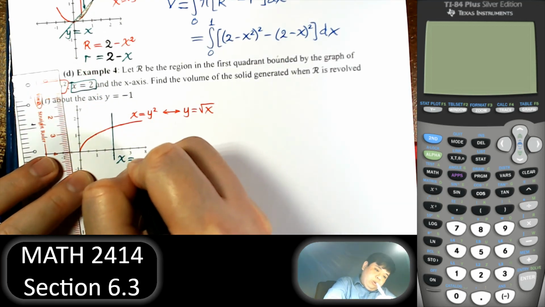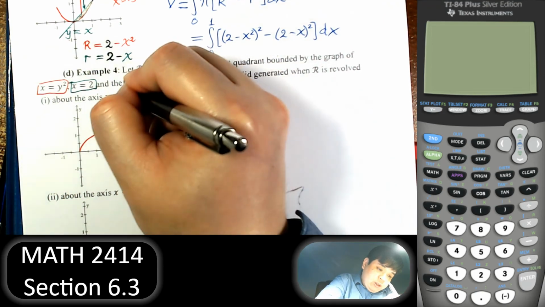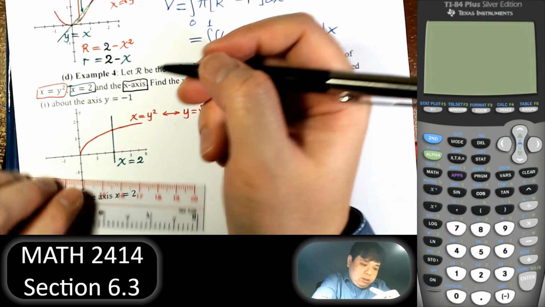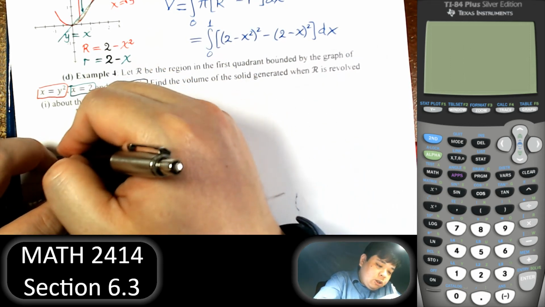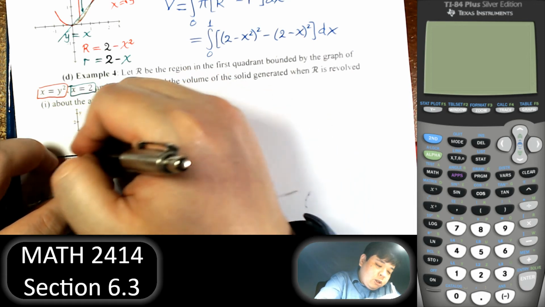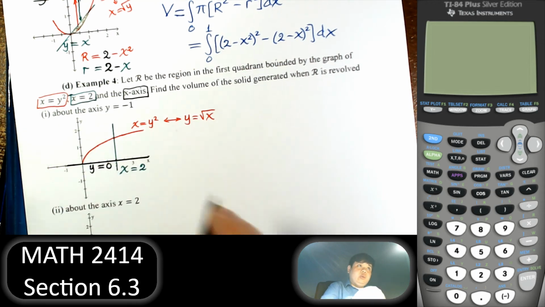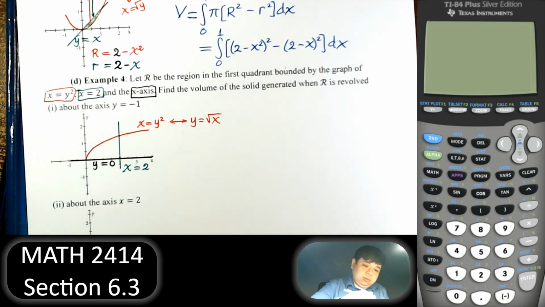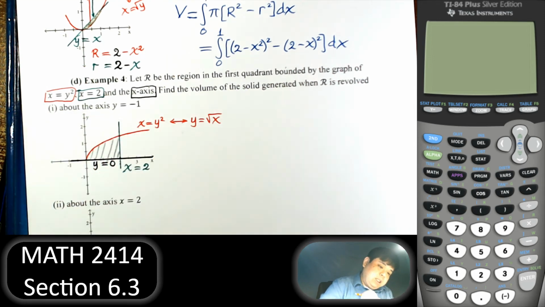And then the x-axis, which is y equal to 0. So we're talking about this region here. And now we rotate about the axis y equal to -1.